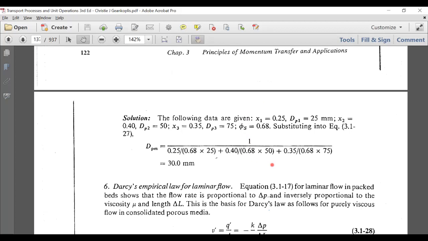So 1 divided by 0.25 divided by sphericity times dp1, then 0.4 divided by 0.68 times dp2, and then x3 divided by 0.68 times dp3. We found that the effective mean particle diameter is 30 millimeters.